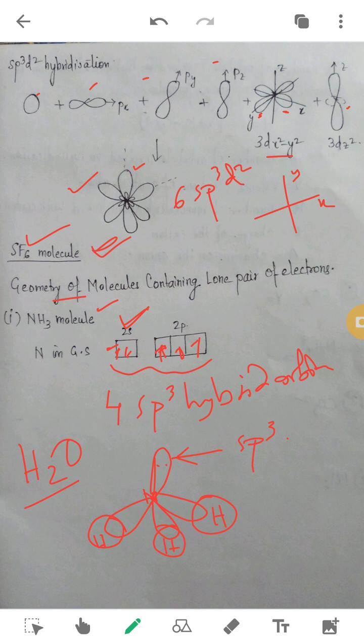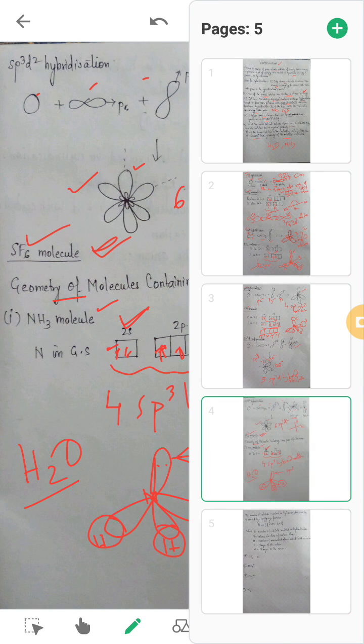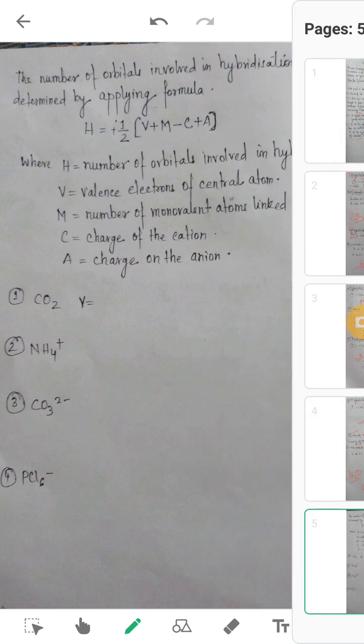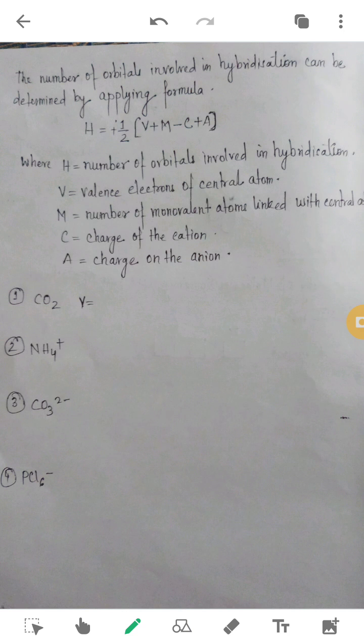Let me go for the next one, which is a very interesting one: the number of orbitals involved in hybridization can be determined by applying a formula. How did I understand that NH3 will go for hybridization in the ground state itself, or that water will? How do we know it? There's a formula for that.